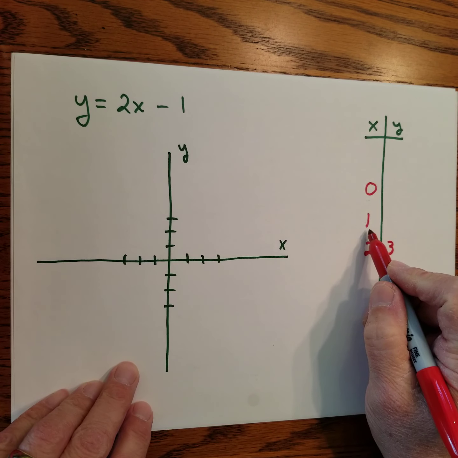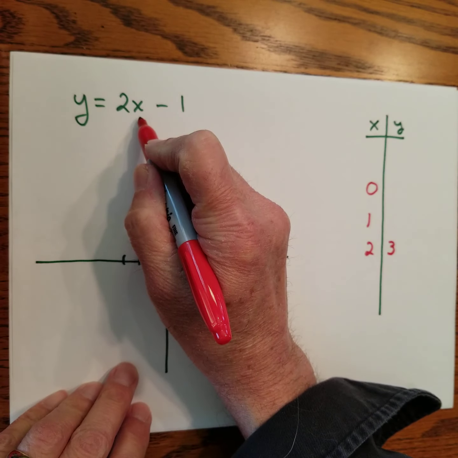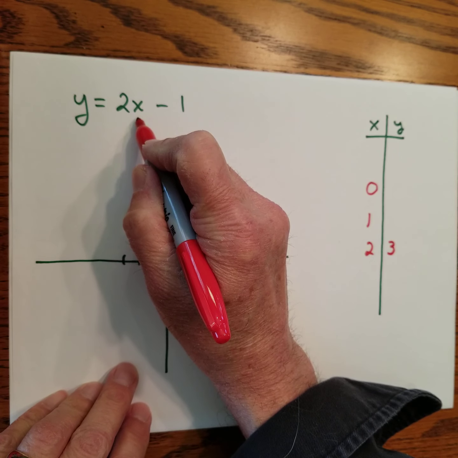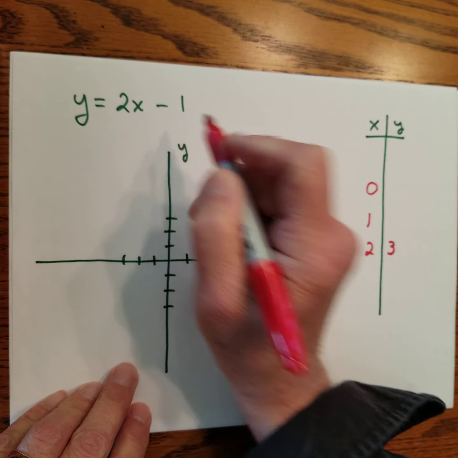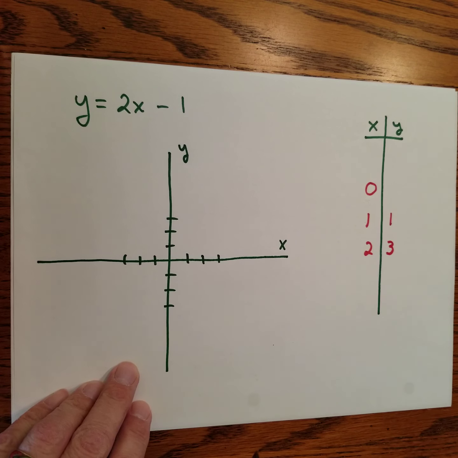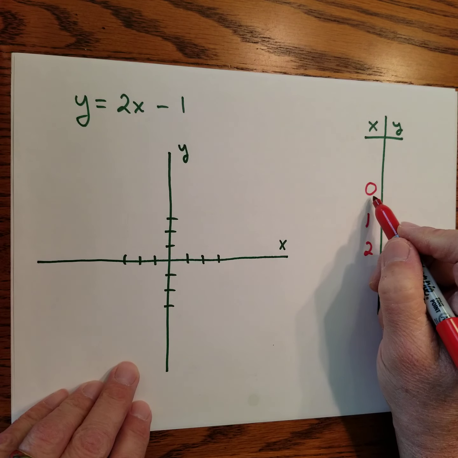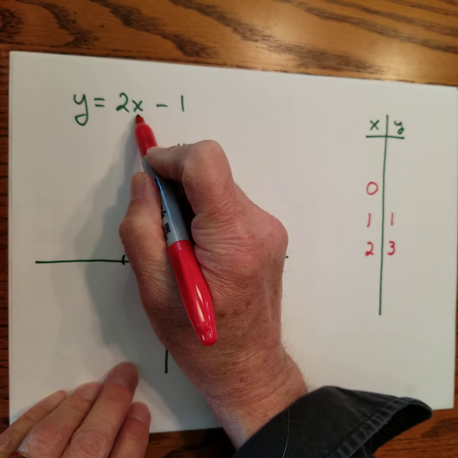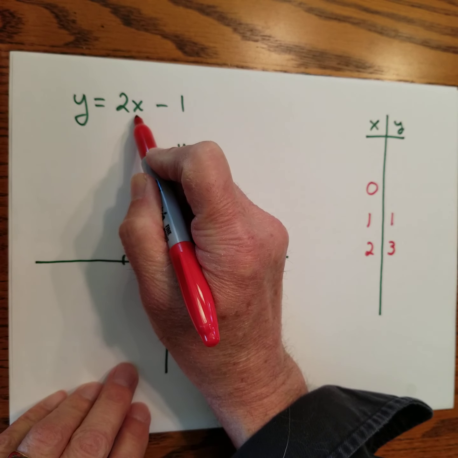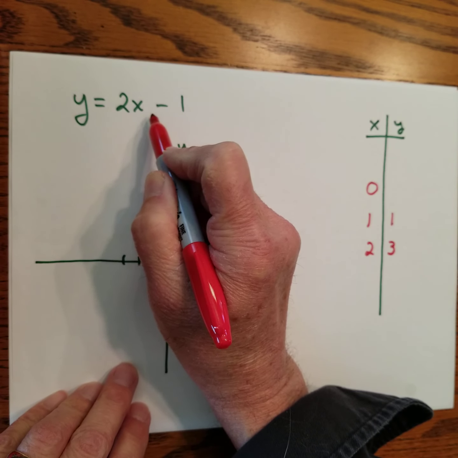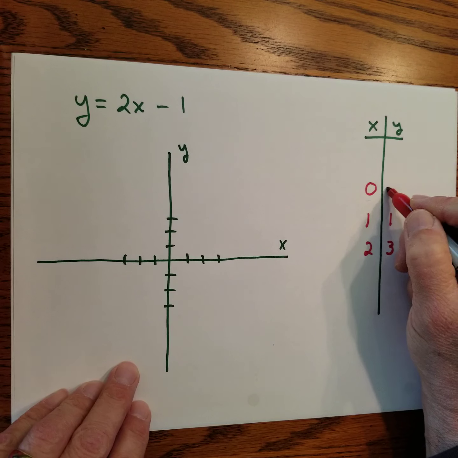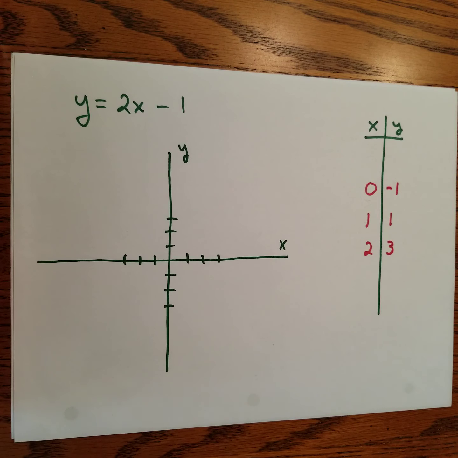Now plug in x equal 1. If x is 1, 2 times 1 is 2, and 2 minus 1 is 1. When I let x be 0 and plug it in here, 2 times 0 is 0, and 0 minus 1 is negative 1.